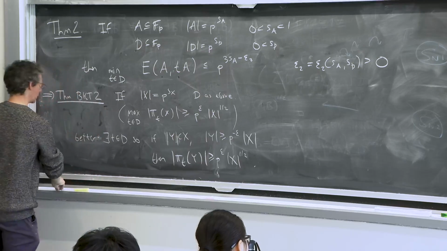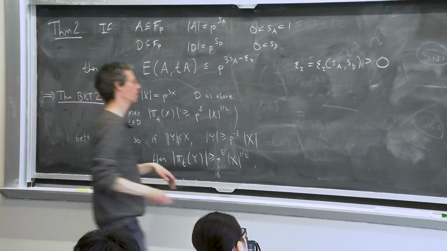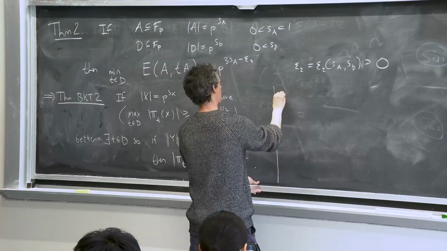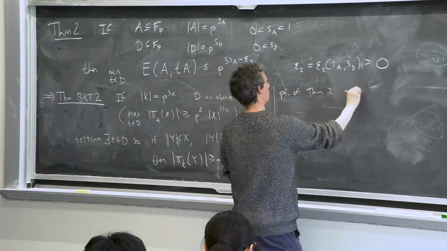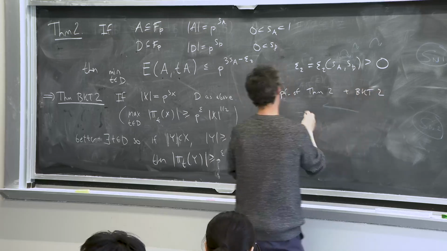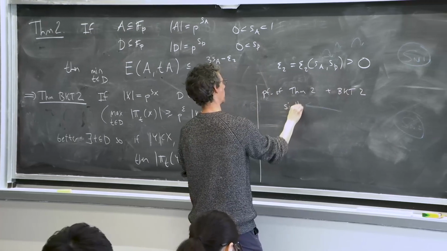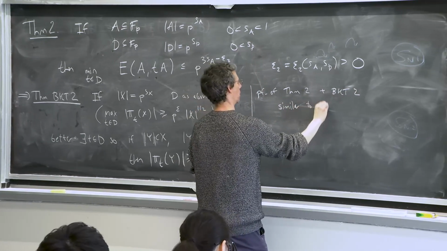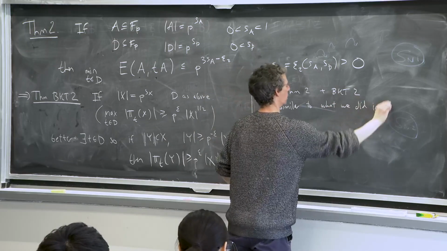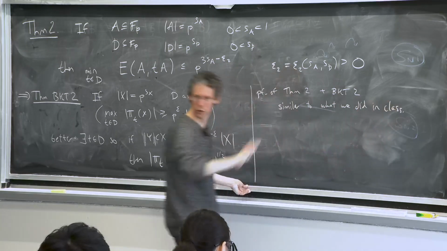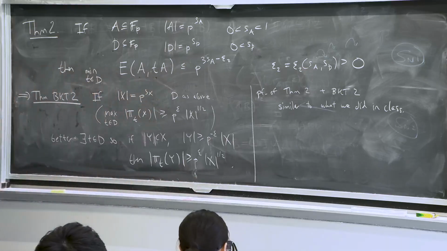So let me say the proofs of theorem 2 plus BKT2 are similar to what we did in class. And so they're good optional exercises, or some pieces of it might be required exercises.